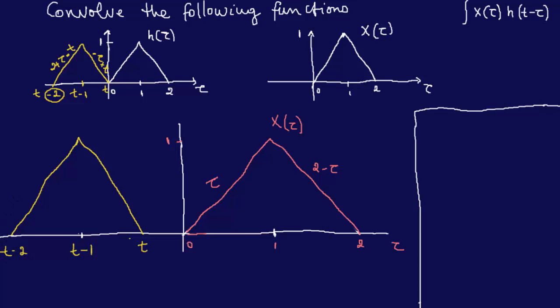And your equation of line becomes 2 plus tau minus t in this case. And then this is a negative slope, so this is a minus tau here, plus t, because this is at the x-intercept, so you're not changing anything, but this is at the y-intercept, so you're changing it to minus t.